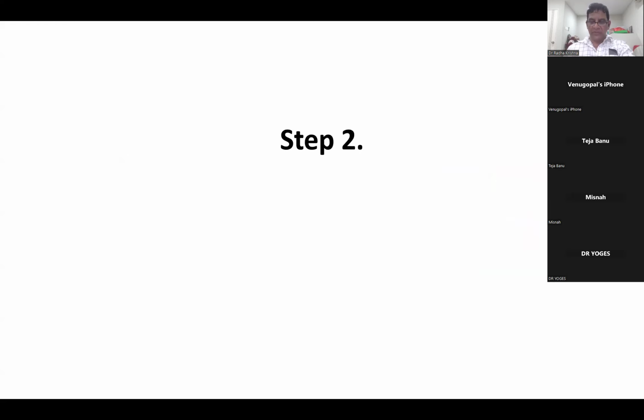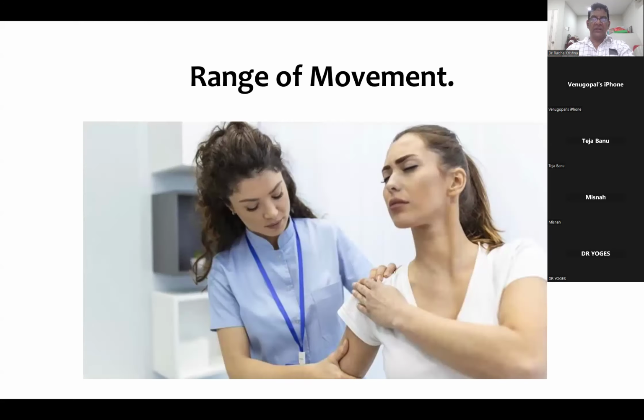Okay, what is step two? Step two, again, the patient is sitting in front of us. What are we going to do after history taking? Step two is to check the range of movement. Examine the patient very carefully. Find out the point of pain, the spot that is most painful. Check the range of movement. Is it just 10 degrees? Is it so badly frozen? Or can they lift the arm up to a 30-degree position, abduct it?